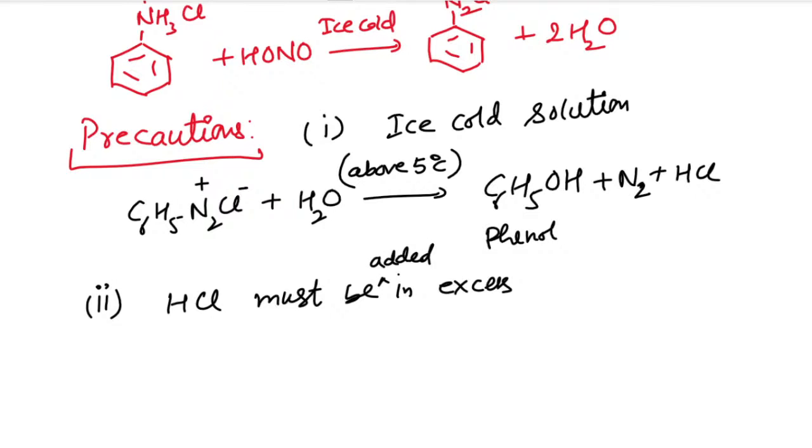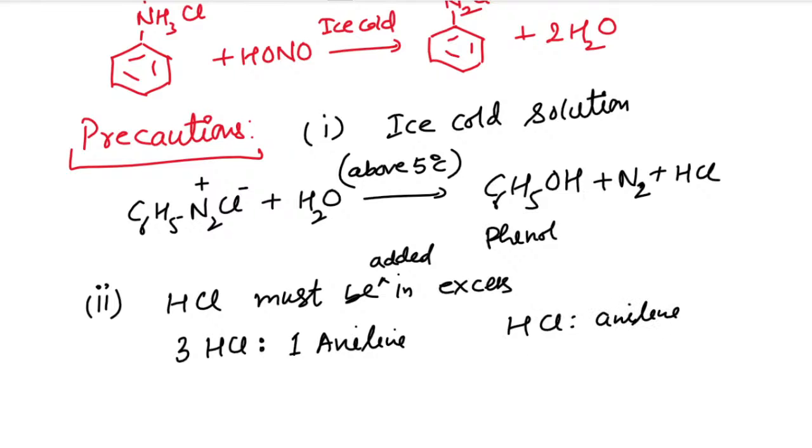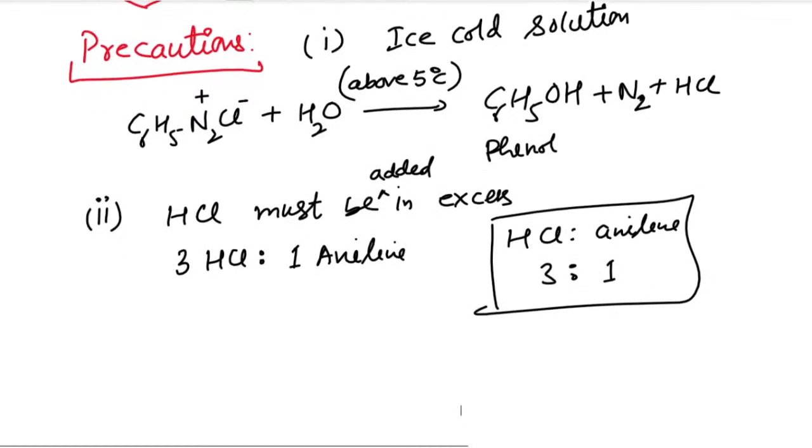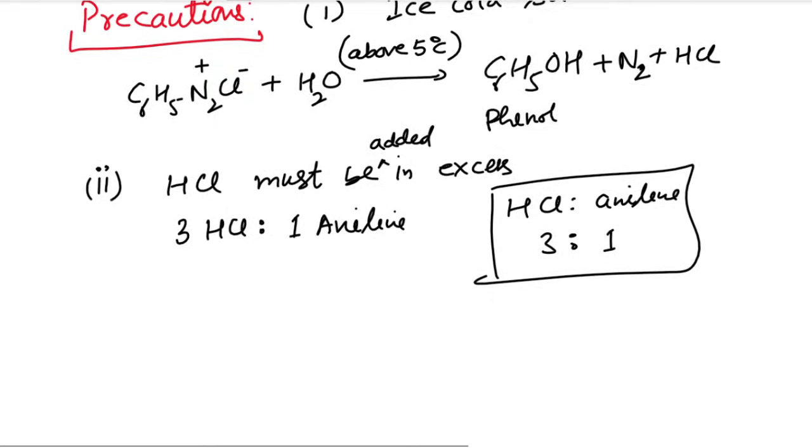Why is it so? At least a 3:1 ratio, meaning the HCl to aniline ratio should be 3:1. Maybe more than that, but at least 3:1.